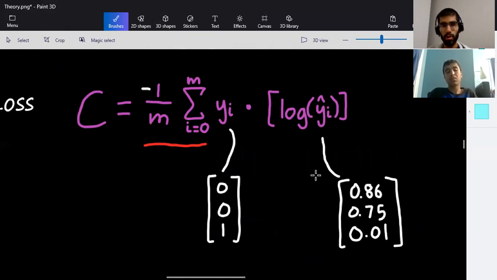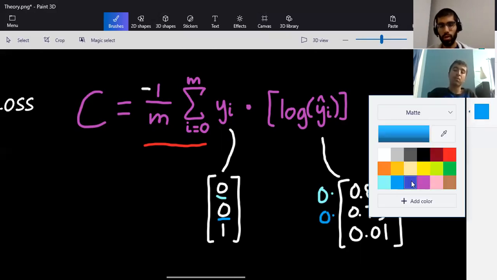However, notice what's happening. What we're doing here is the dot product. I take this 0, and all of this is multiplied by 0. Then I take the next one, and all of this is multiplied by 0.